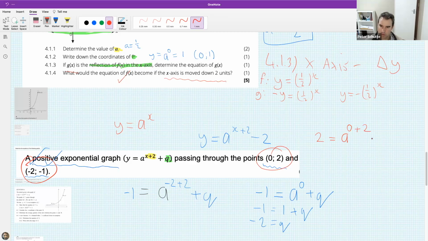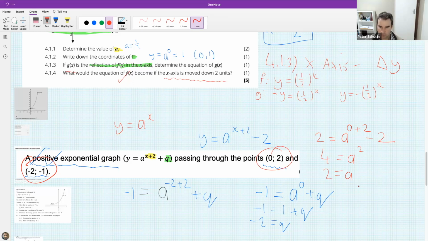Plus 2 minus 2. So there's quite a lot going on. If I bring this minus 2 to this side, I get 4 equals a squared. And then if I square root both sides, I should get a is 2.